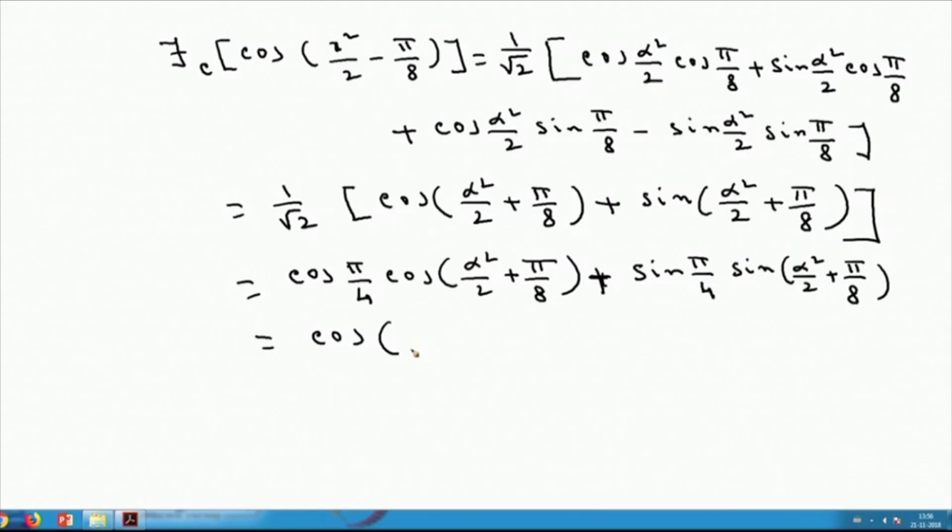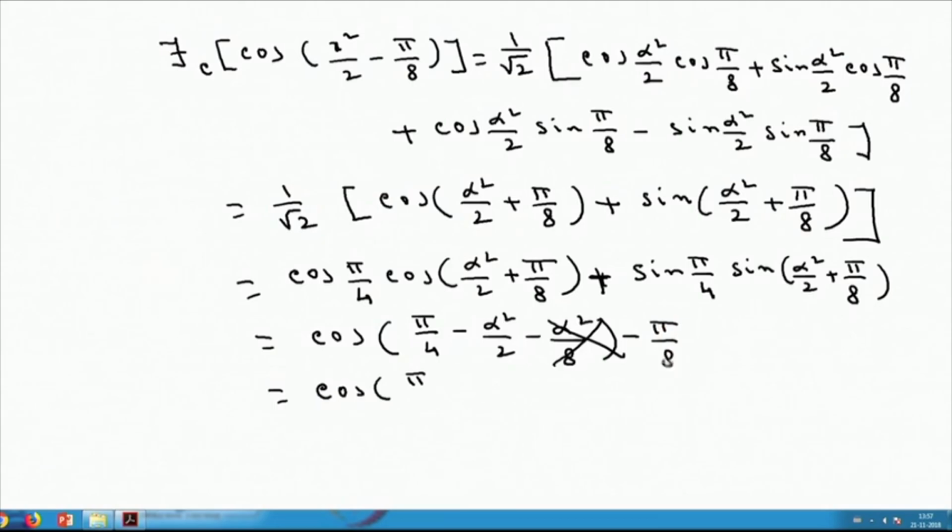So, this equals cos of pi by 4 minus alpha square by 2 minus pi by 8 I am getting, and if I simplify it, sorry, this term is not correct, pi by 4 minus alpha square by 2 minus pi by 8 will come. So, that pi by 4 minus pi by 8 I will get cos of pi by 8 minus alpha square by 2, cos of minus theta is cos theta.